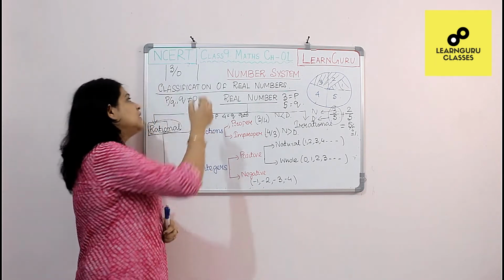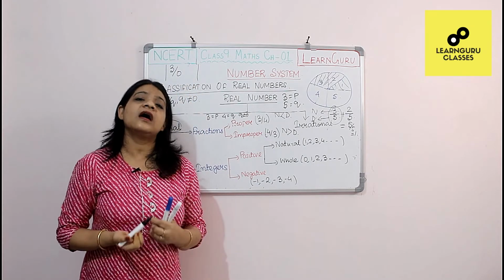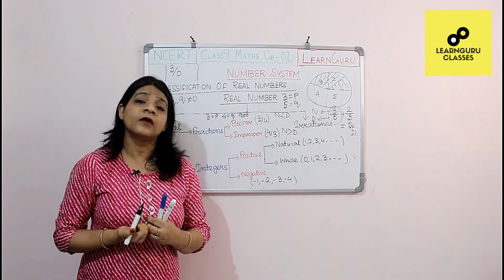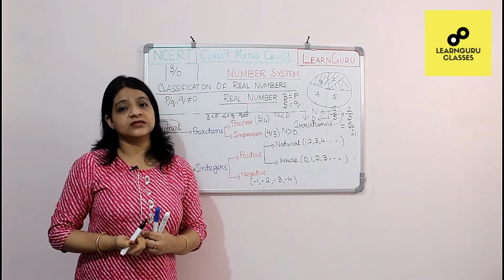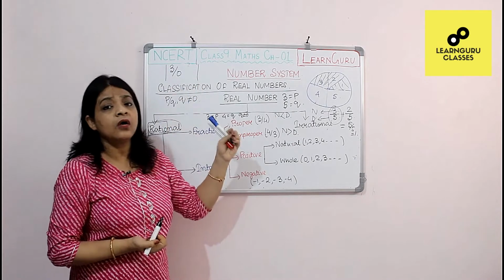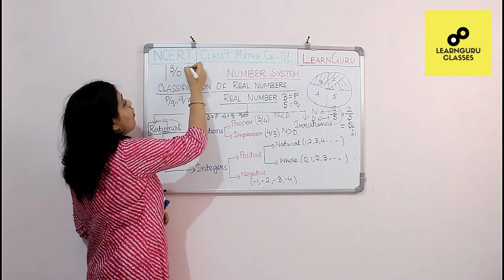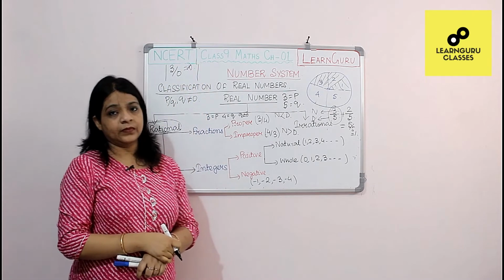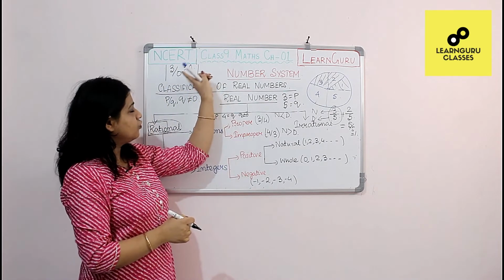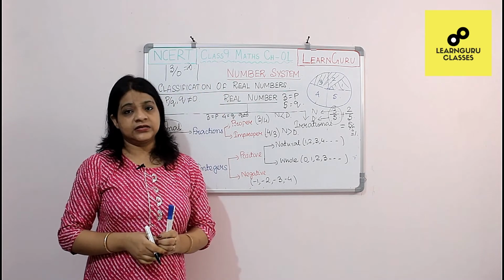Isn't it? So writing any number by 0 makes the entire fraction meaningless. Any number by 0 has some other significance, which is called infinite. Okay, so I am not going into this part. Anything by 0 we cannot write.